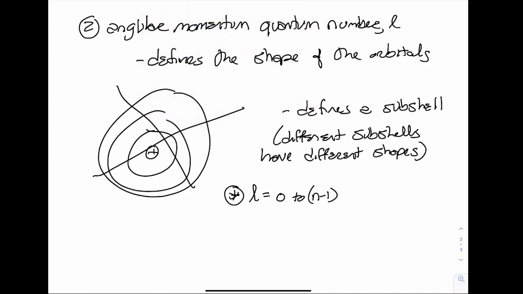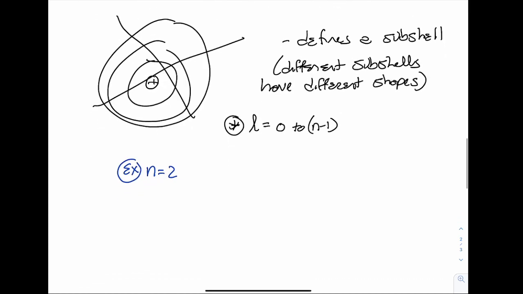So for example, if you are in your second shell, l is going to be equal to 0, because it's everything from 0, and then that goes to n minus 1. Here n is 2, so 2 minus 1 is 1, so everything between 0 and 1. So l is equal to those two.